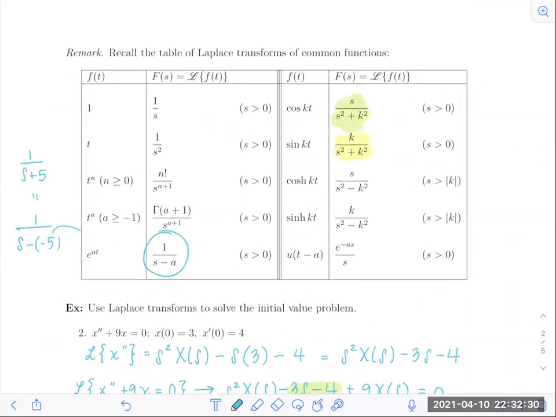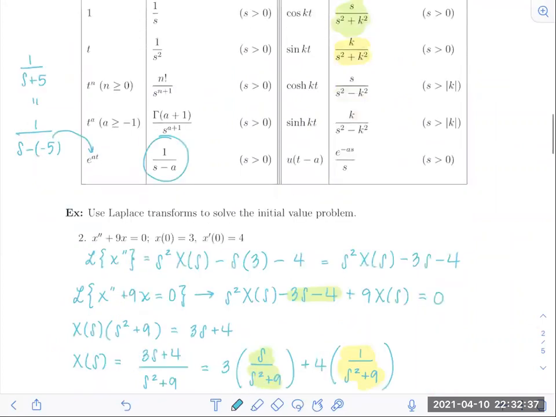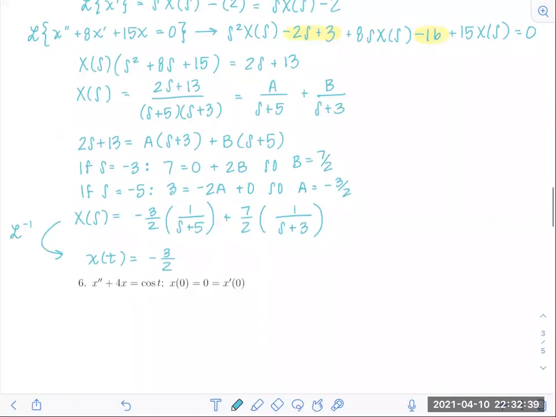And so we see that -5 is going to go up inside the exponential, e to the -5t. And in the same vein, we get 7/2 e to the negative 3t. So here again, this is our particular solution for this initial value problem. It is pretty slick working with Laplace transforms.